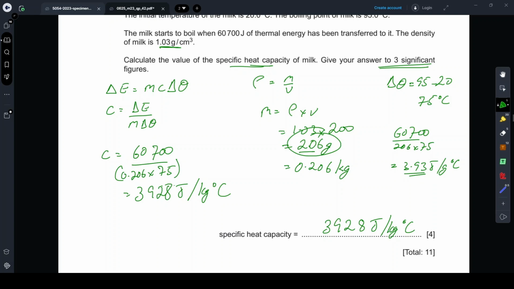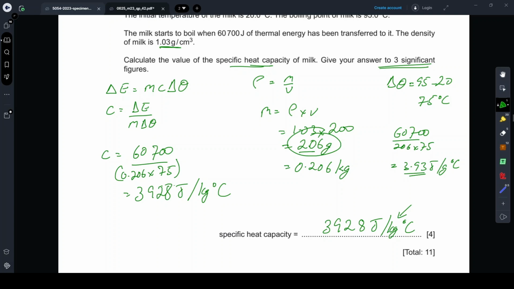Why? Because what we've learned is to deal with SI units. A student would be trained, a teacher would tell the student, to always convert it to kilograms, because the specific heat capacity is given as joules per kilogram degree centigrade. And so you're getting a value that has four significant figures.